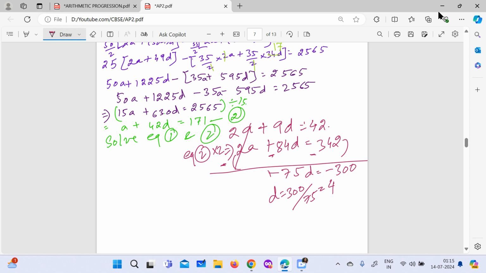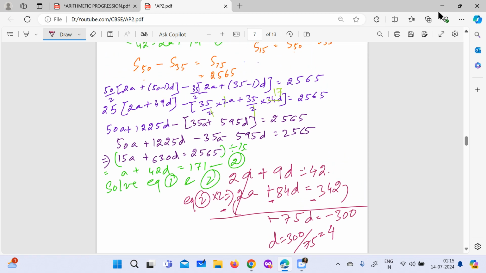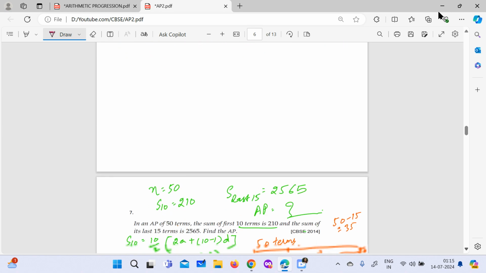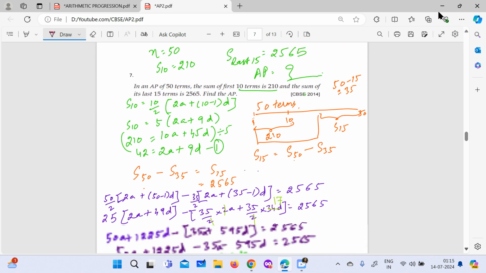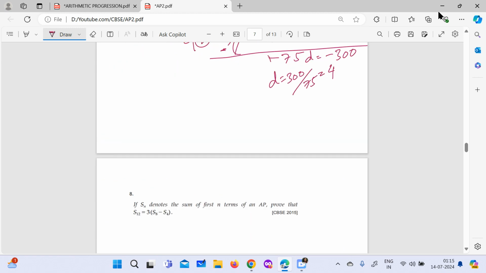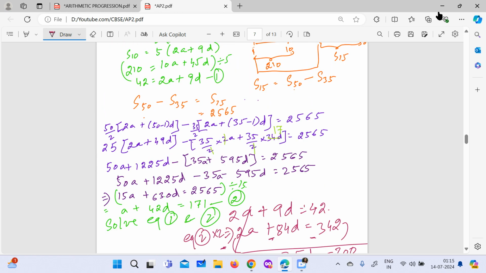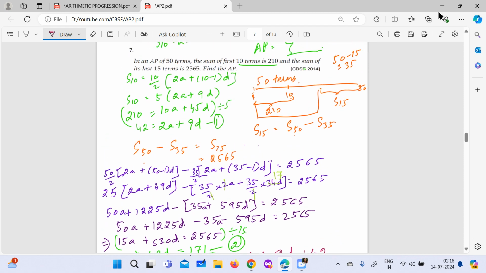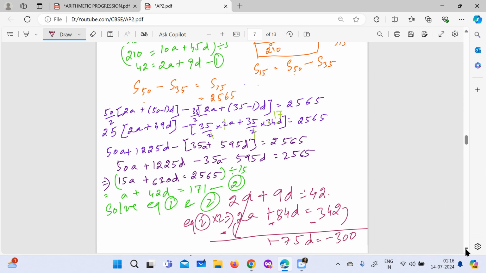Our question was to find the AP. So we need to find the AP when we have the value of a and d.